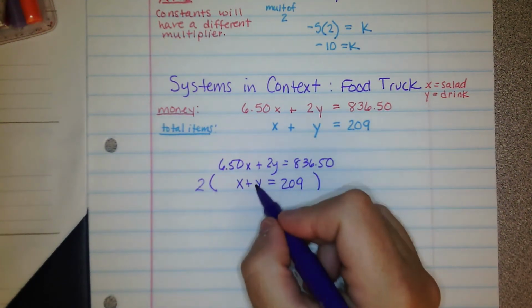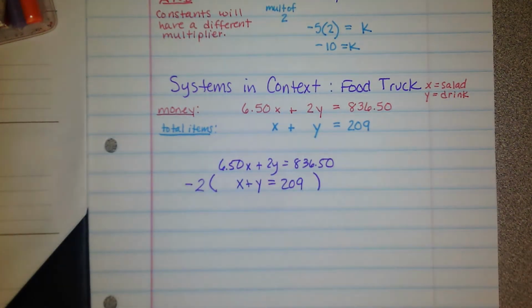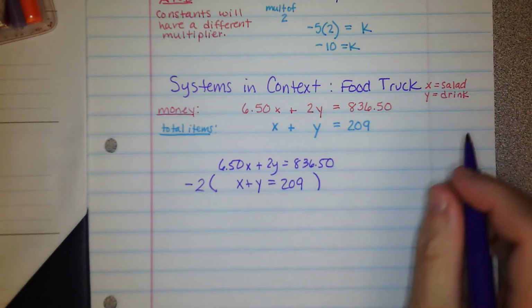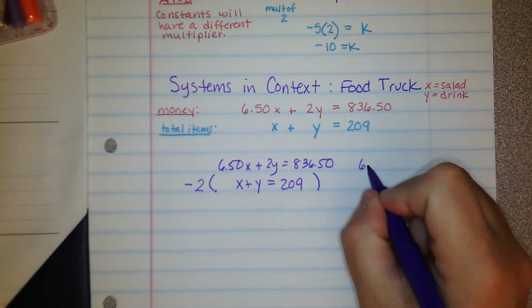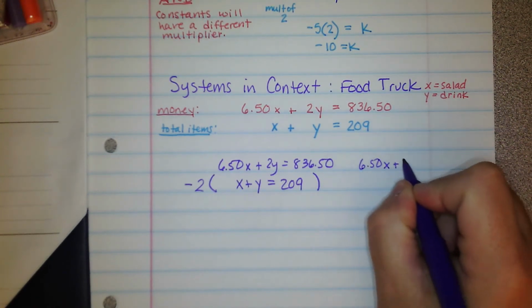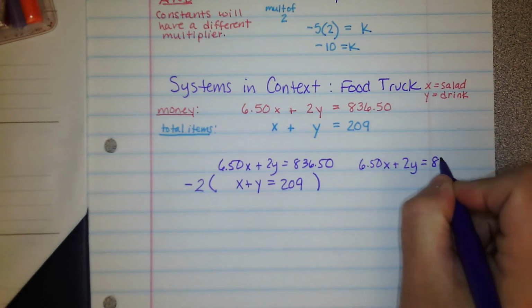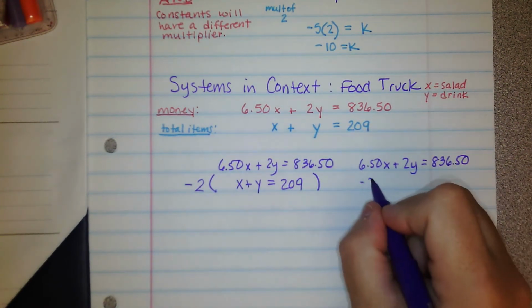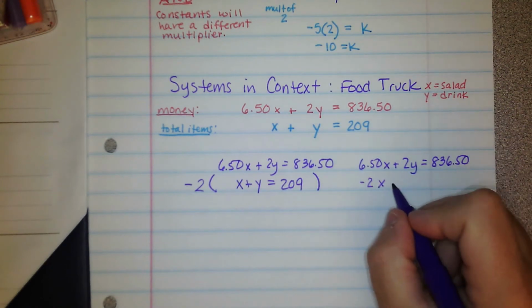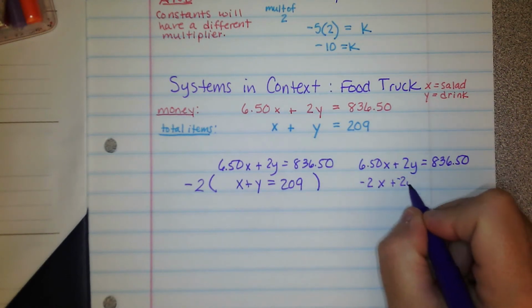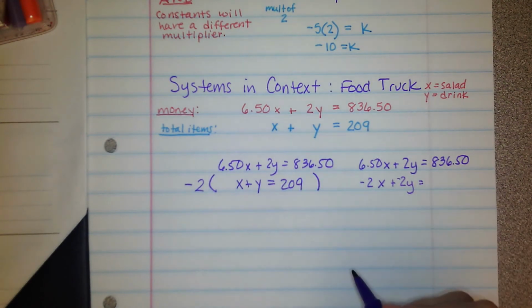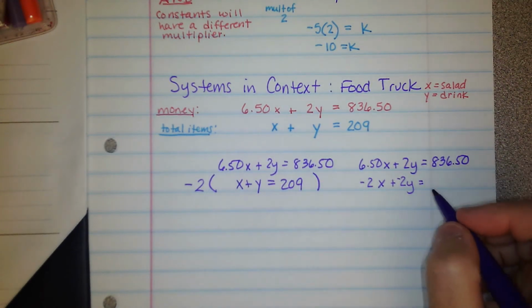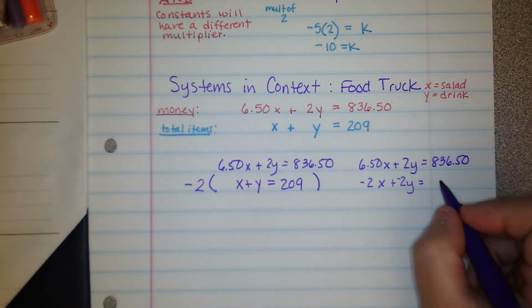And because they are the same sign, I need to introduce a negative. So our real equation system that we are going to solve is $6.50X plus 2Y equals $836.50. And on the bottom, I have negative 2X plus negative 2Y equals, and then I need negative 2 times 209, which is negative 418.